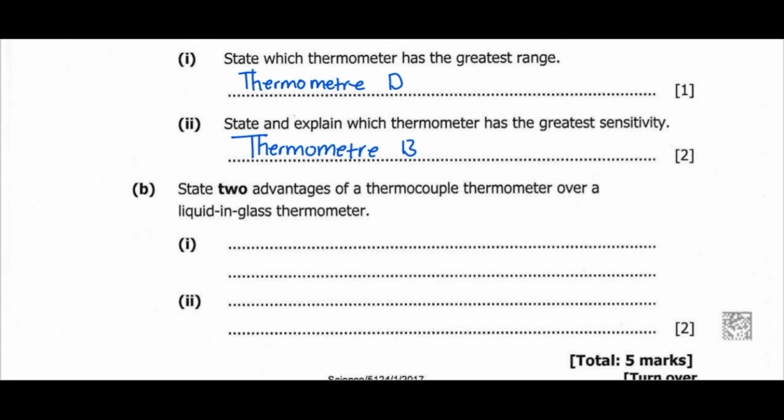Then we move on to question B. State 2 advantages of a thermocouple thermometer over a liquid in glass thermometer. So the first one, a thermocouple thermometer can measure very high temperatures. That is the first advantage.